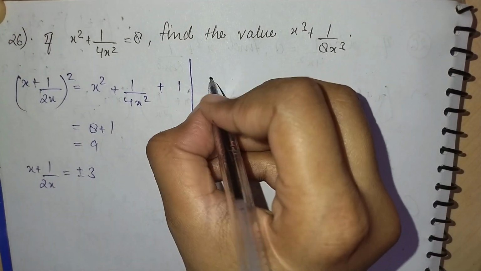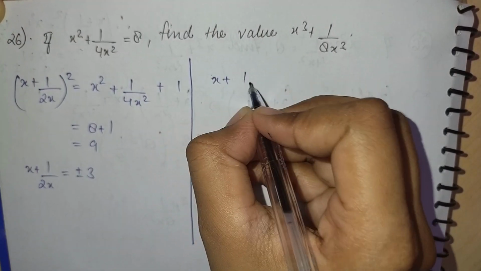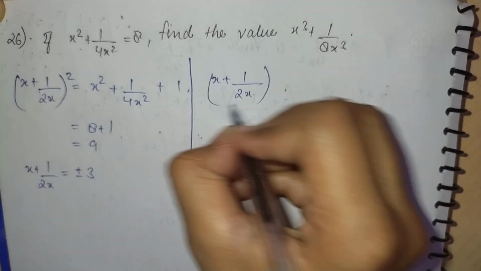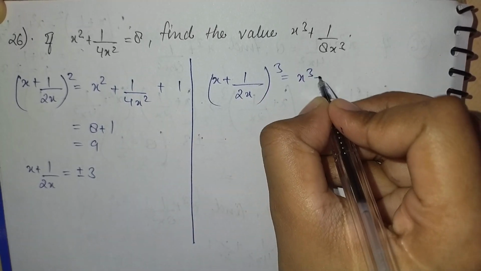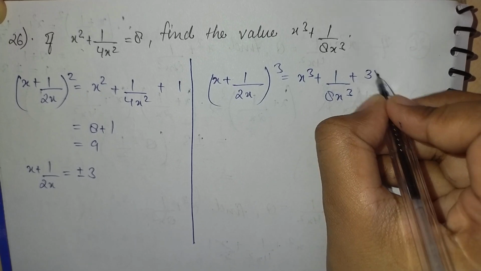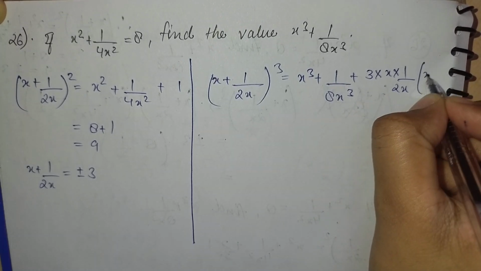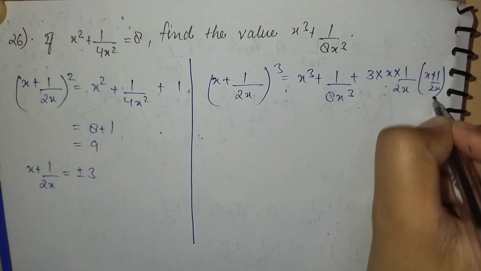So to solve this, we will first write it as x plus 1 by 2x the whole cube equal to x cube plus 1 by 8x cube plus 3 into x into 1 by 2x, into x plus 1 by 2x.